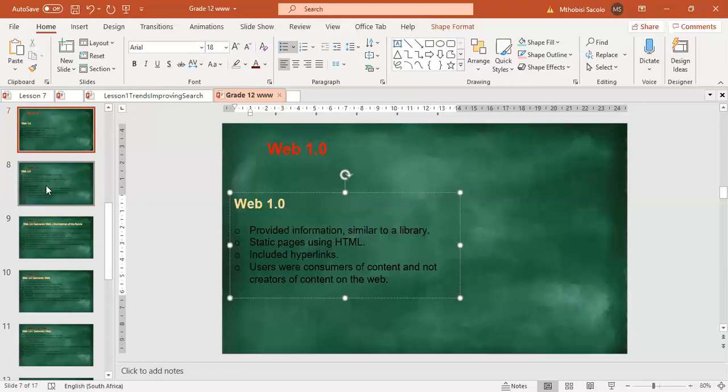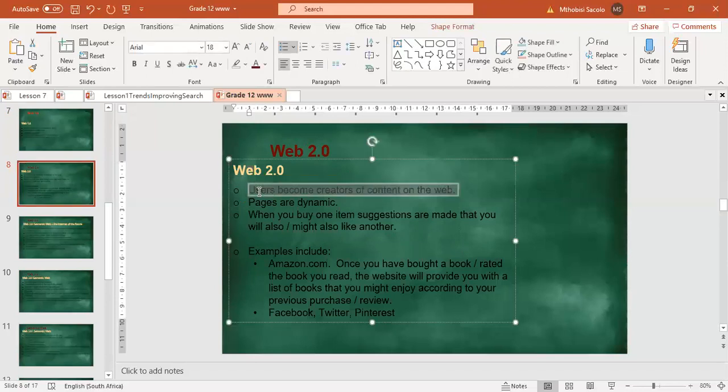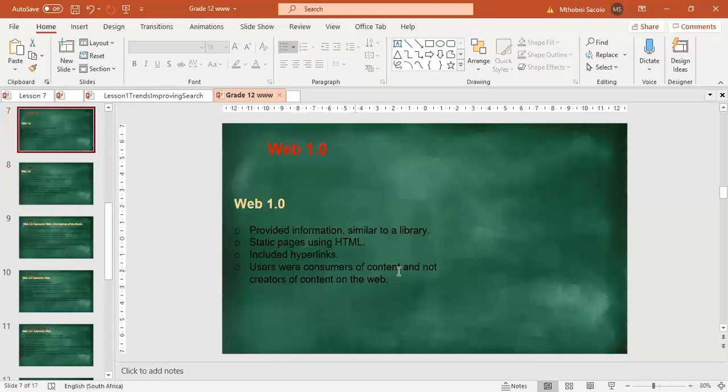And then let's go to web 2.0. Here the first thing that changes is that users now become creators of content on the web, unlike in web 1.0 where users were only consumers of content.